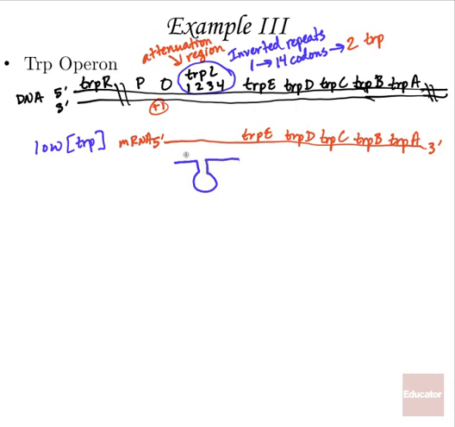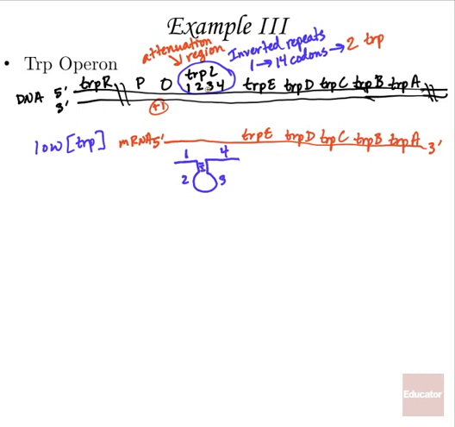So we have 1, 2, 3, 4. Okay? And what this is, we call it a tennis racket or whatever you may want to call it. But we have intramolecular base pairing between region 2 and region 3 because we have low tryptophan, right?